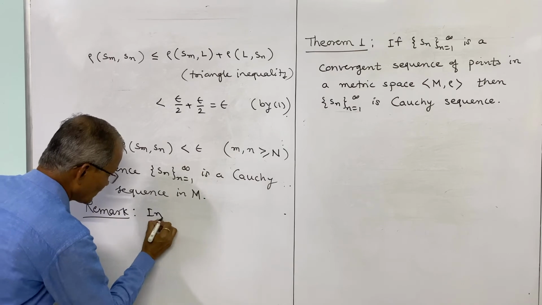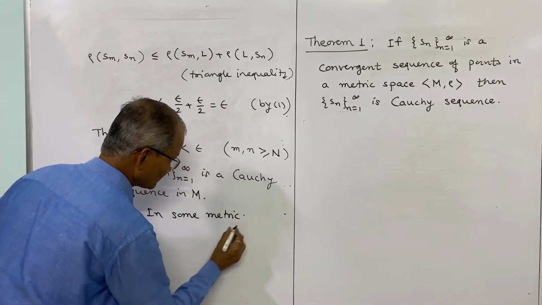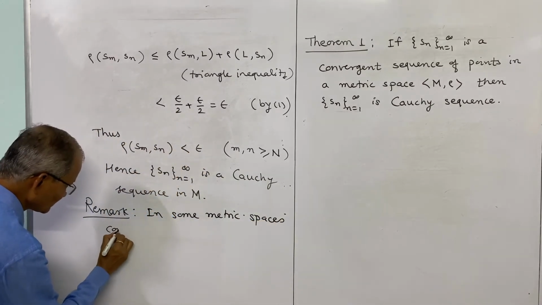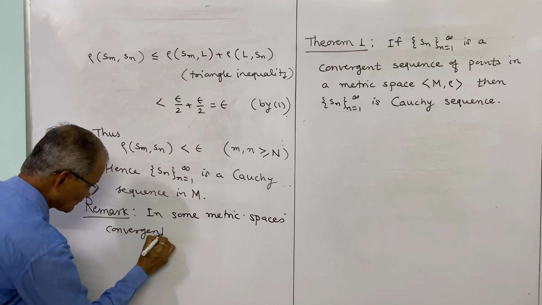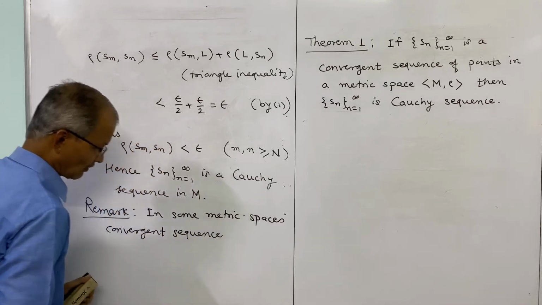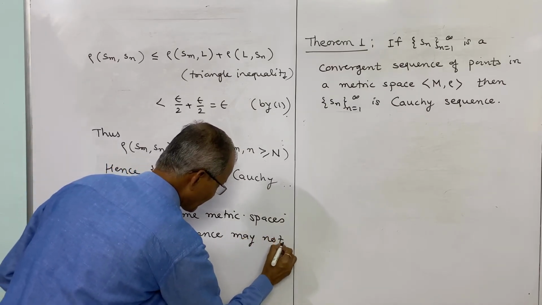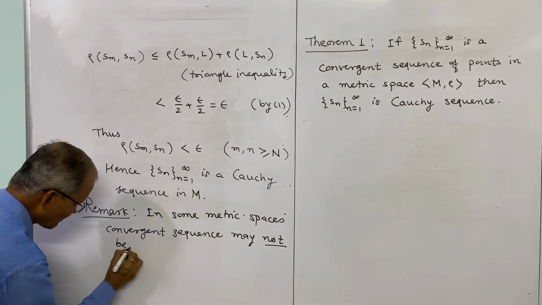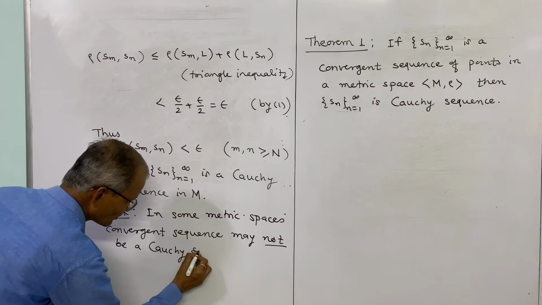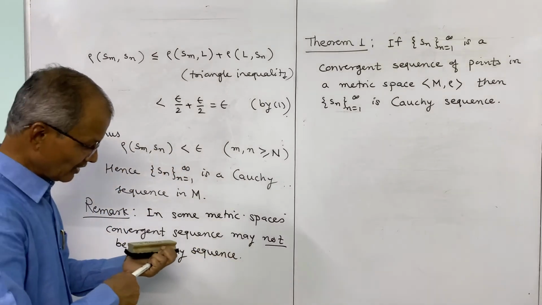In some metric spaces, a Cauchy sequence may not be a convergent sequence.